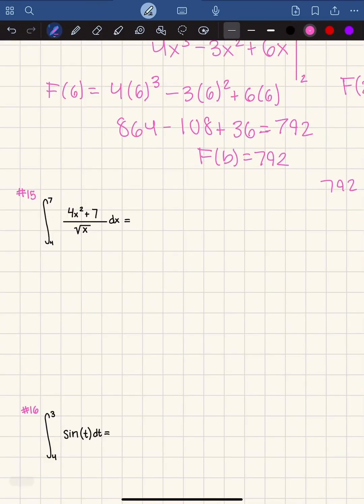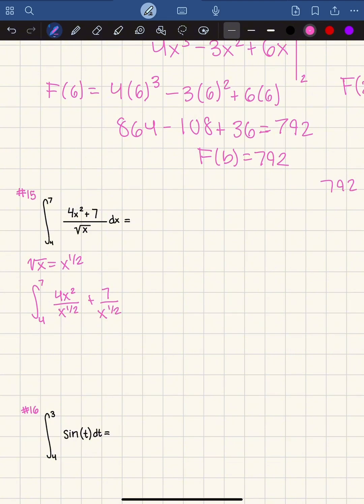Okay, for the next one, number 15, it's the same idea, but it's a little different because we have the rad x. So we need to rewrite the function. Rad x also equals x to the 1/2. So we can rewrite it as the integral from 4 to 7 of 4x squared over x to the 1/2 plus 7 over x to the 1/2.